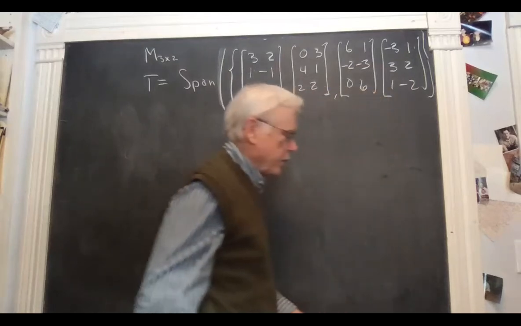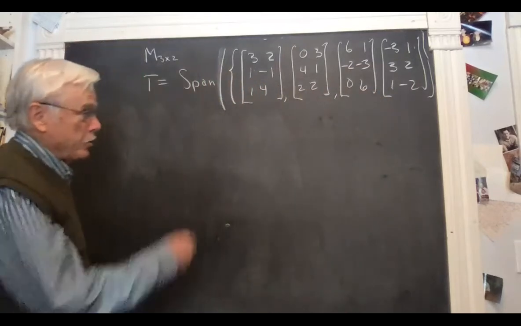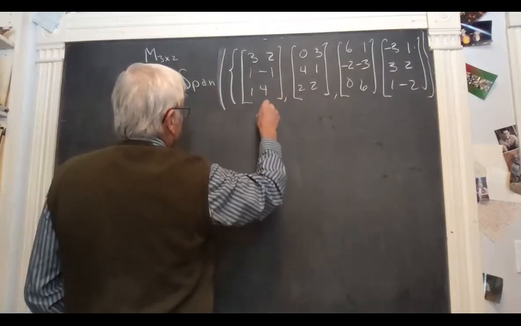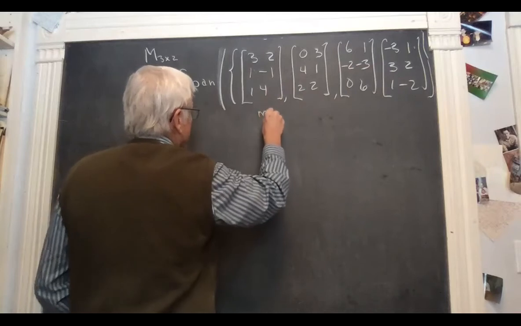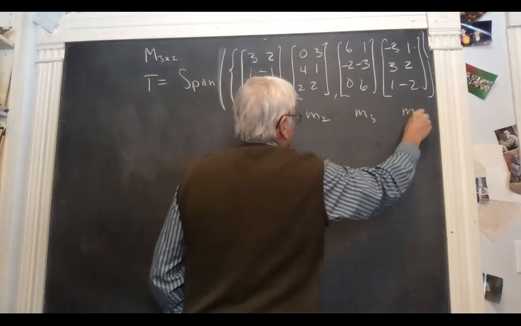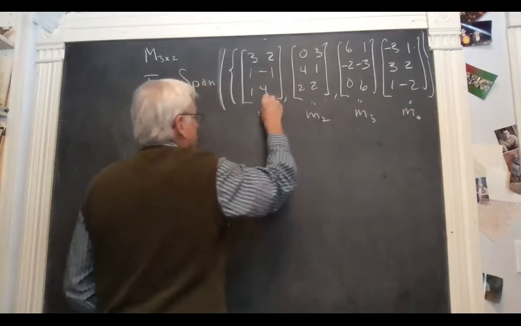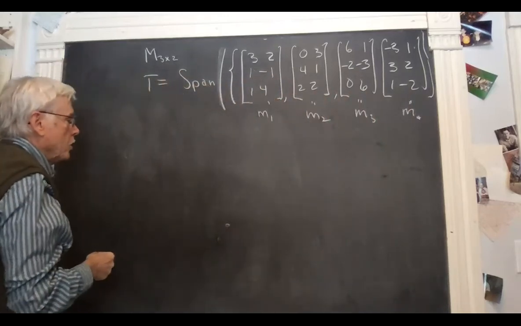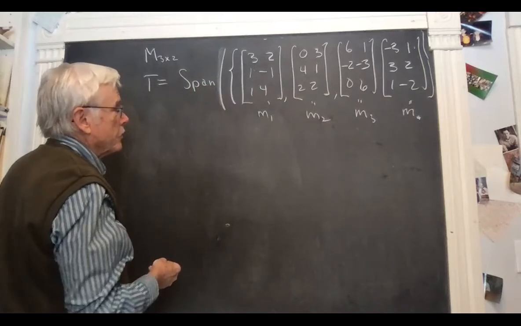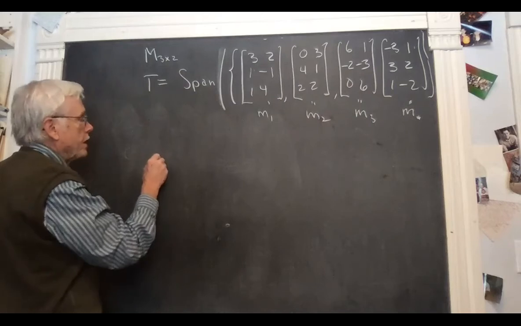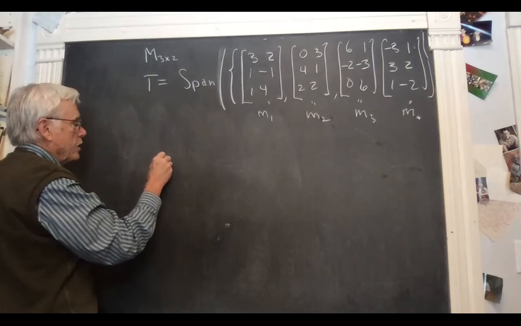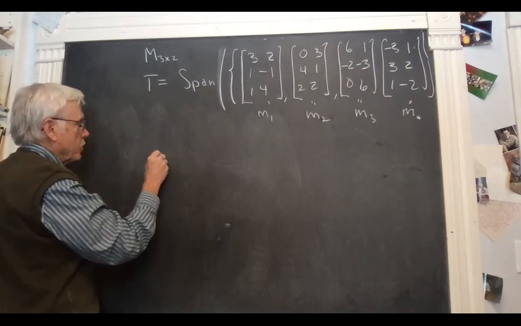Basically, what we want to do is find out how many independent vectors there are here. And these are matrices. So I'll call this M1, M2, M3, and M4. So finding a basis, we're going to look at the equations.